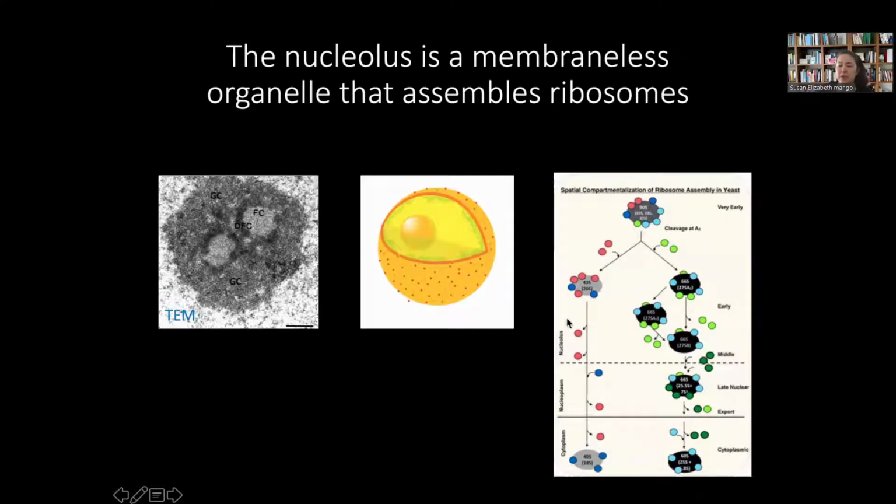So within the nucleolus, you start transcribing and making the RNAs, and you actually start to assemble the ribosome itself. And then gradually it moves into the nucleoplasm and into the cytoplasm to be finally built into a functional ribosome. So to do so, the cell has to generate this organelle, the nucleolus, within the nucleus.